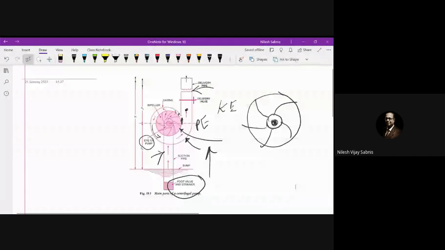So I was telling about the pump, the different kinds of pump. So the first is impeller, second was casing, and third component was suction pipe, which has foot valve, and fourth component is delivery pipe.